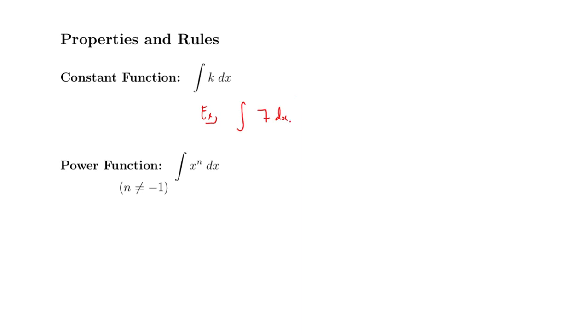We're really saying, what function do we have to find the derivative of to get 7? Well, that's pretty easy. 7x, and then we'll add that plus c for our family. So for constant functions, it's just going to be kx plus c, where k is some constant. Hey, this makes sense. When you find the derivative of a linear function, we just end up with a constant.